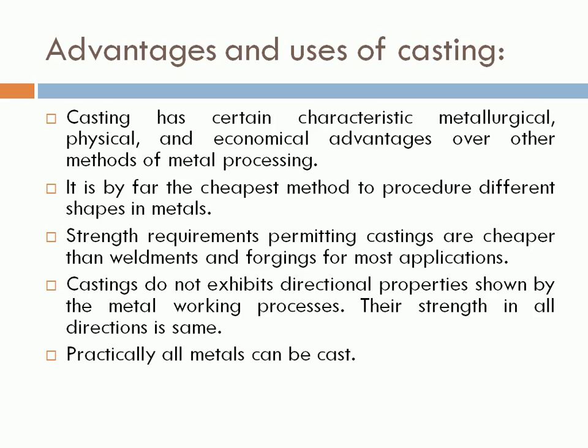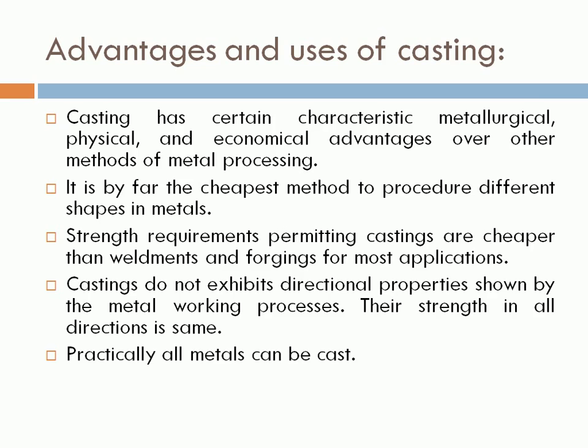Whatever shape you want to give to the particular workpiece or job, on that basis you can prepare the mold and the material, and prepare the molten metal, pouring and so on. So it is the cheapest method of producing different shapes of metals.